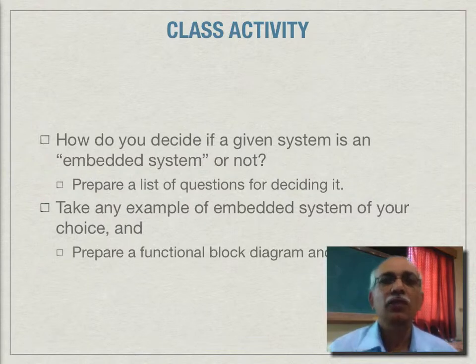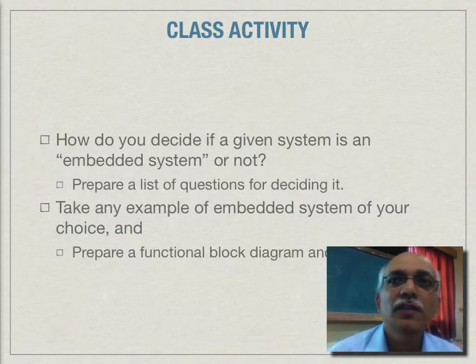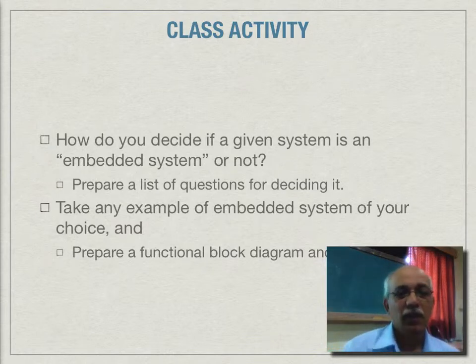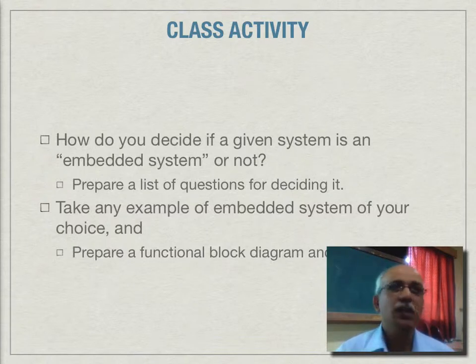Right. The first question that we ask ourselves is, does it have a dedicated functionality? Now, there are some applications where the dedicated functionality is clearly seen, like a mouse, but there are some systems where the line between dedicated and non-dedicated is becoming slightly blurred.